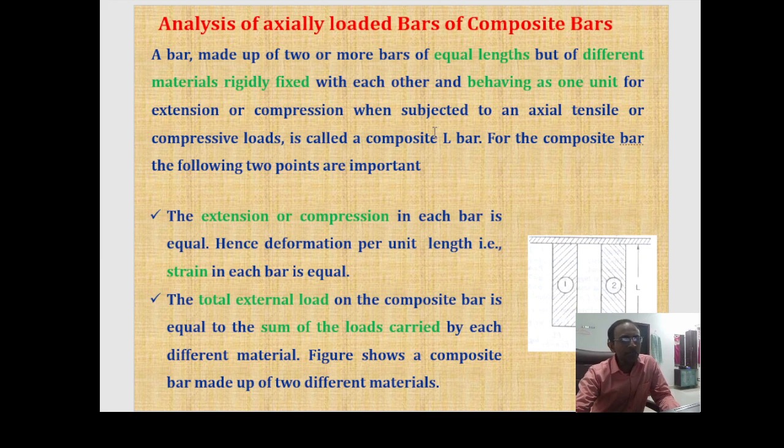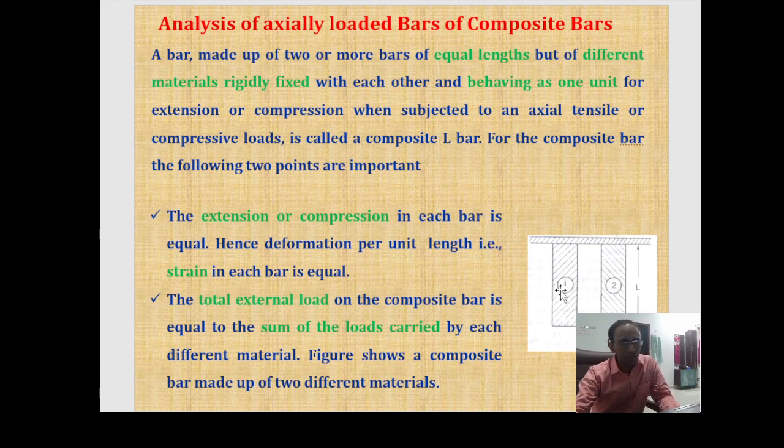Now for the analysis of such composite bars, usually just two conditions are sufficient. What are those two conditions? Because they are acting together, depending upon the type of load, tensile or compressive, any extension or compression caused by the external loads must be equal for both materials.